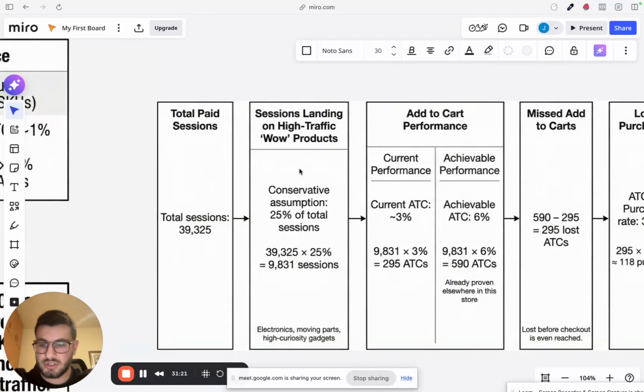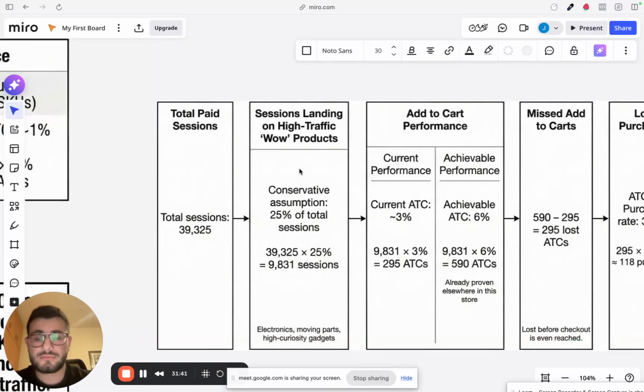Does it make sense which products this is referring to? They give more importance to curiosity.